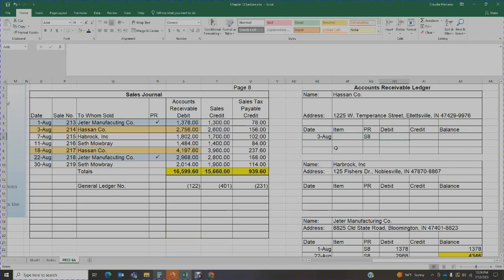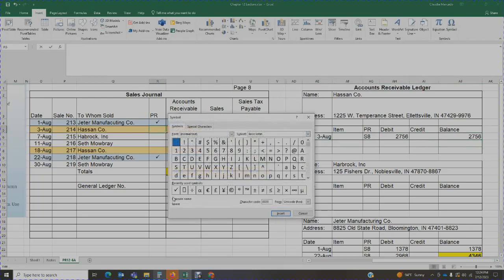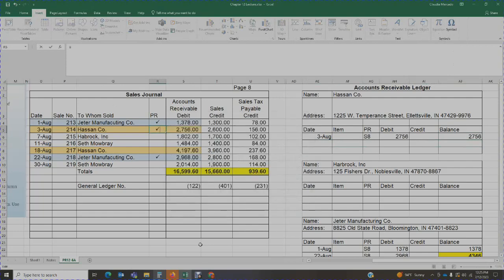Sales 8, and we've got a debit of $27.56. Okay, I've already recorded that one. Now I'm going to go to August the 18th, sales 8, and my entry is for $41.97.60.